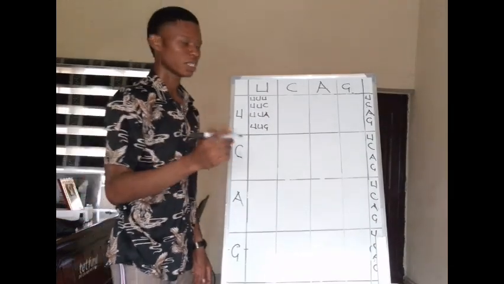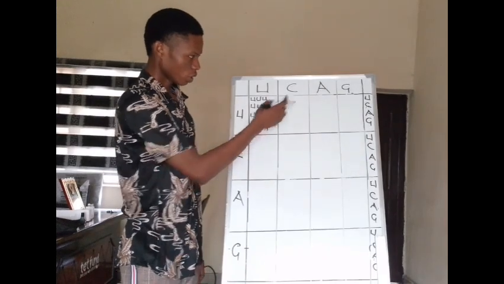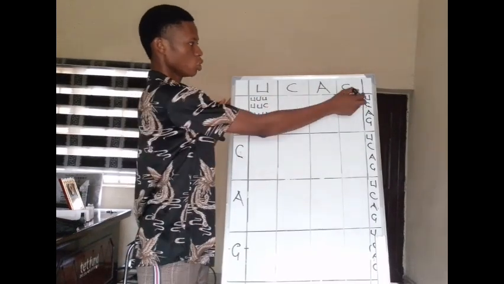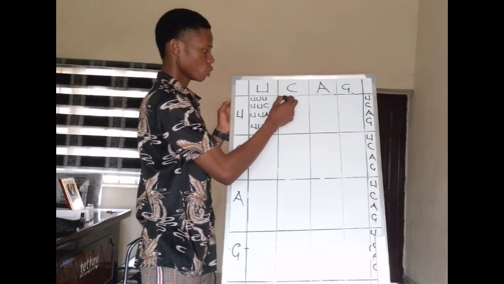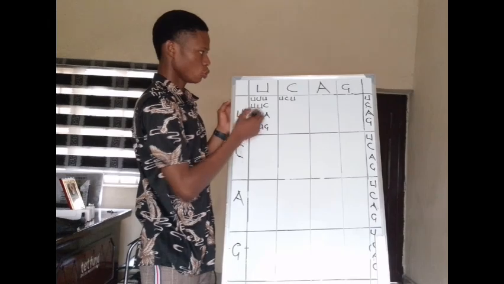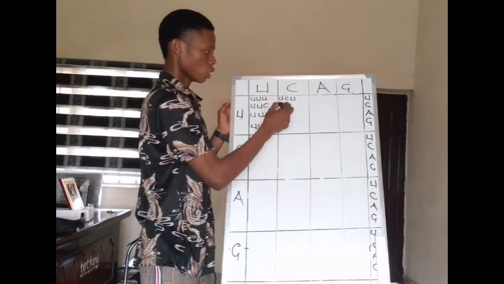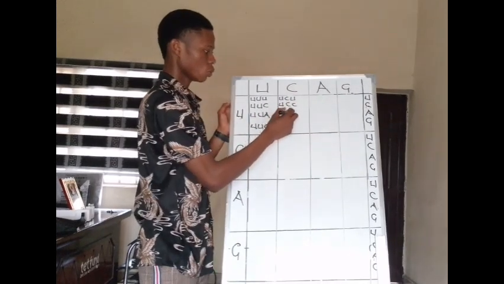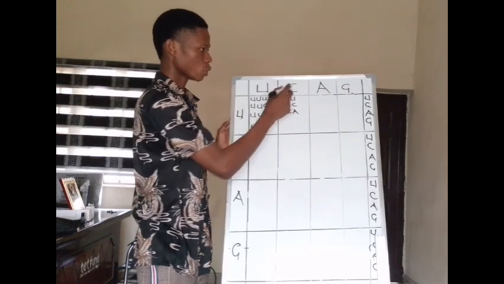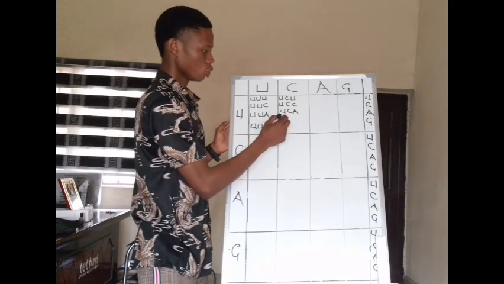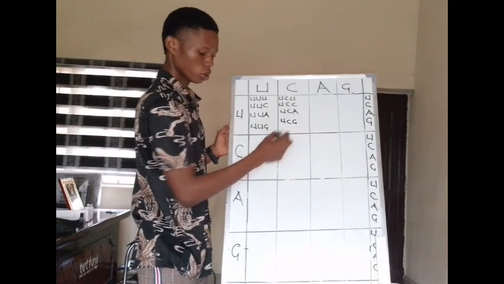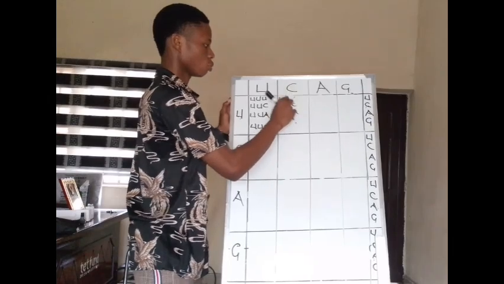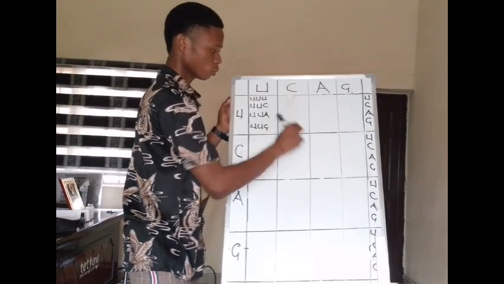Now, let's go to the next one. Here we are seeing the first letter U, then C. Let's take that again so I'm sure you get what I'm trying to say.